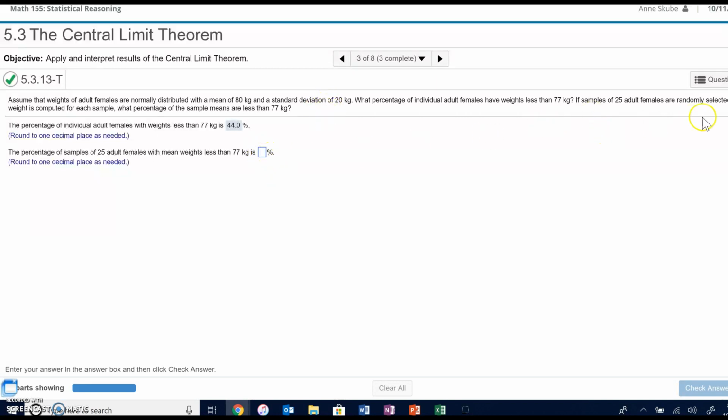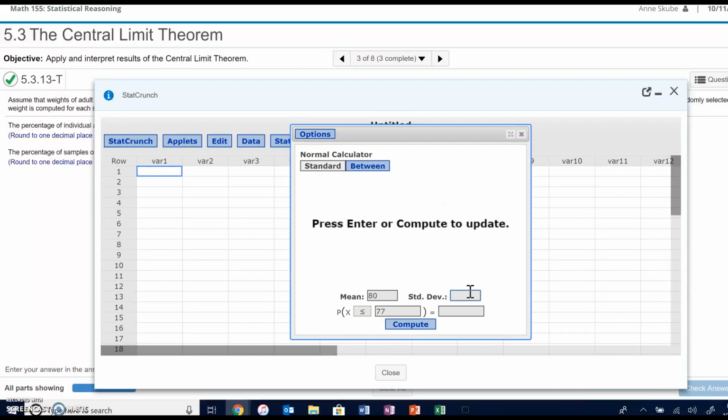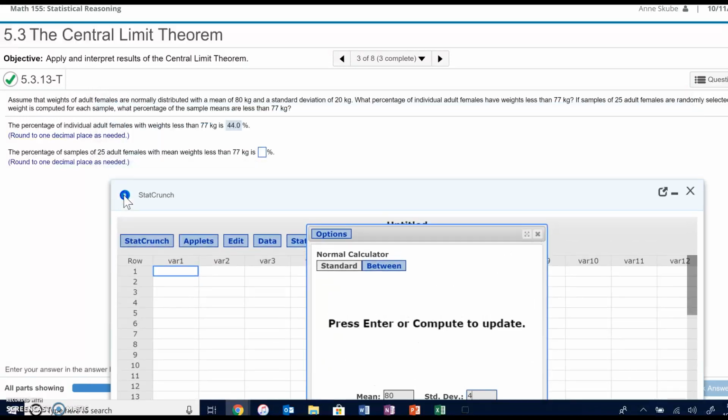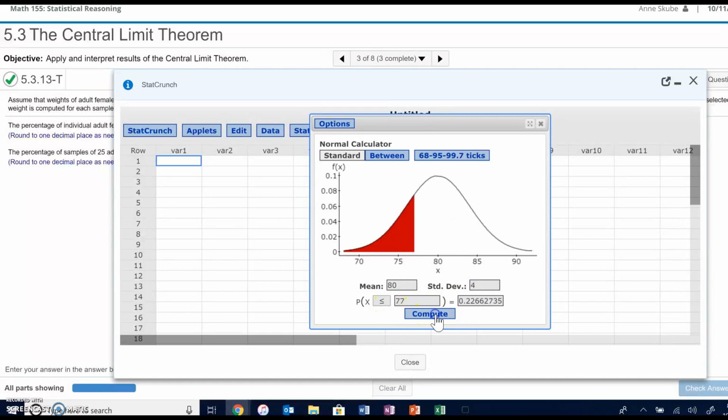So we're going to open up our StatCrunch again, which is down here, and change our standard deviation to 4. And the question again, less than 77, that's correct. We're going to change nothing else, and we are going to compute.